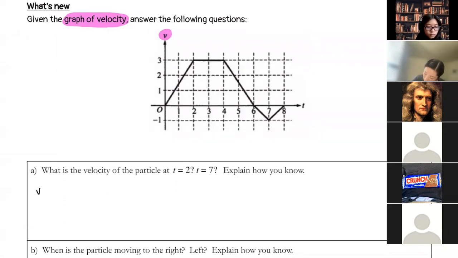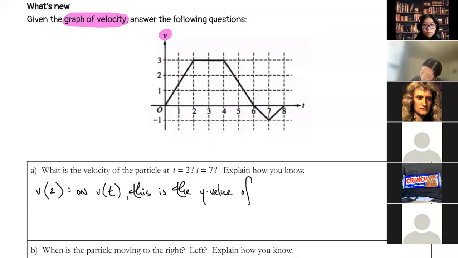So if I want the velocity at 2, on a graph of velocity, okay, so on v of t, this is the y value of the graph. Okay, this is the y value of the graph.